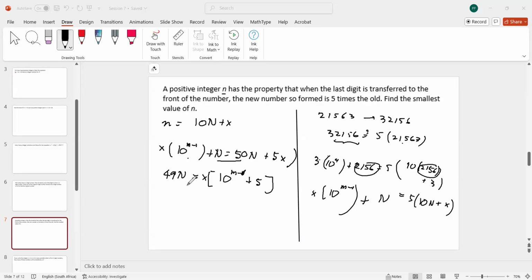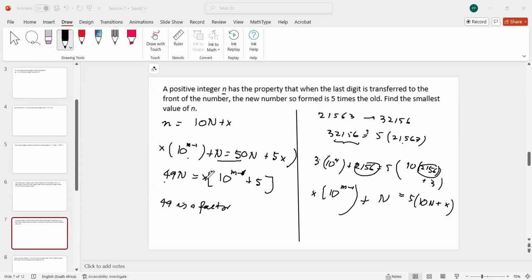All right, so what does this mean? You've got a product here. You've got 49 times n equals x times this. Now x is a single digit. All these are whole numbers. So 49 is a factor of this side because it's 49 times n. So 49 is a factor of x times this, but x is a single digit.